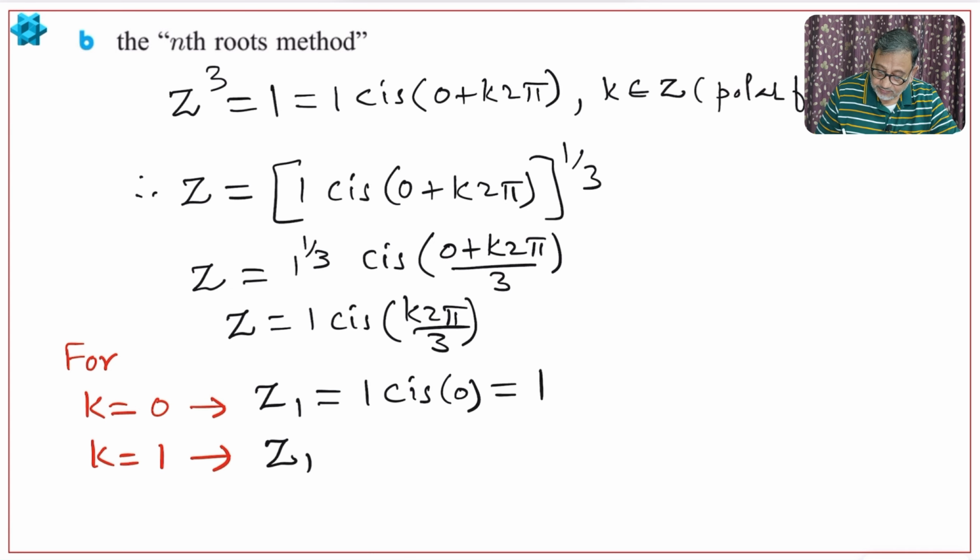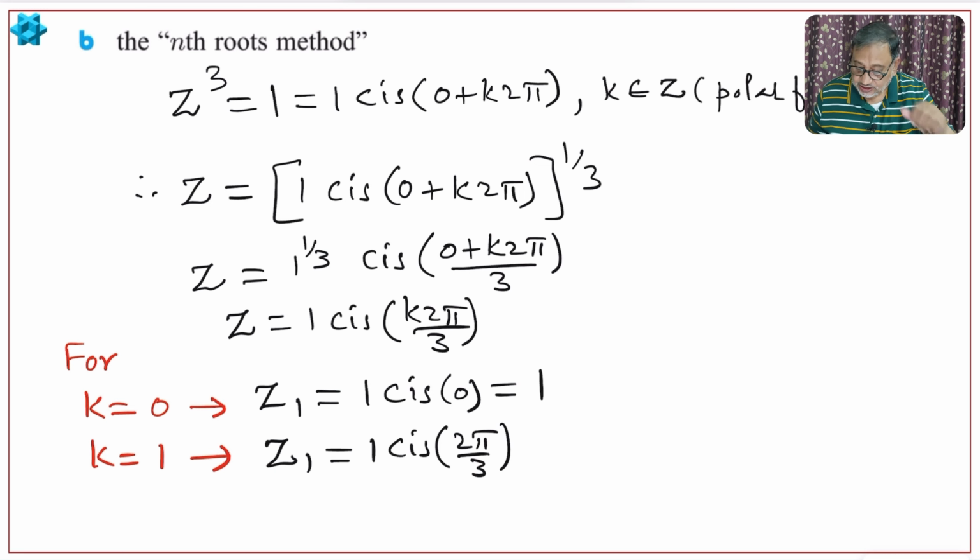Then k is equal to 1, z2 will be, replace k by 1, so 1 cis 2 pi by 3. 2 pi by 3 is in the second quadrant, so in the second quadrant the real part will be negative because cos 2 pi by 3 will be negative half and sin 2 pi by 3 will be positive root 3 by 2.